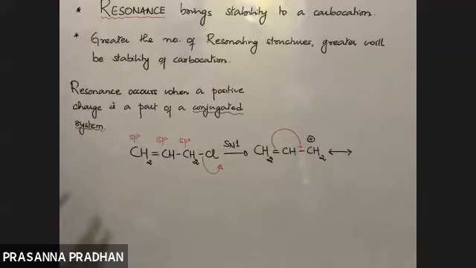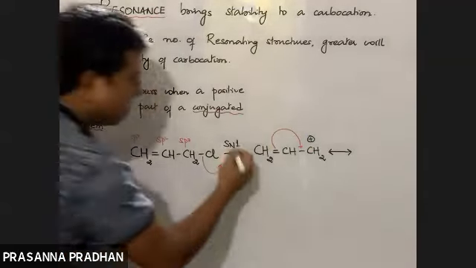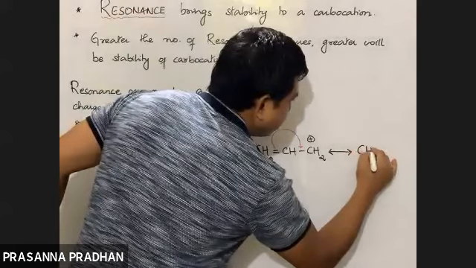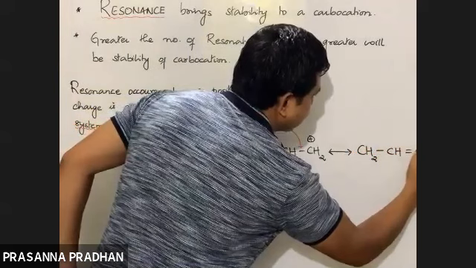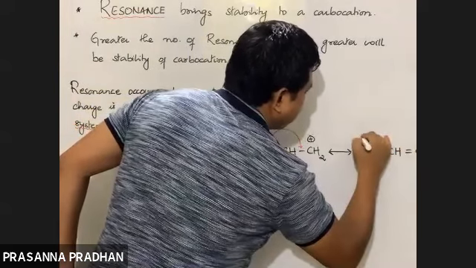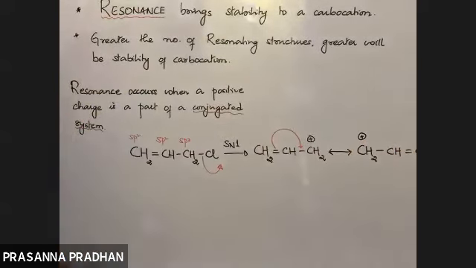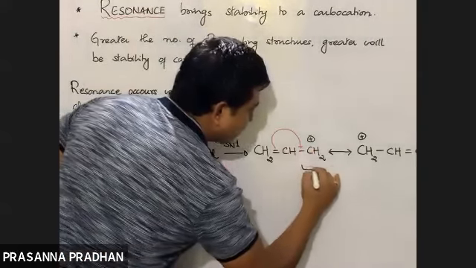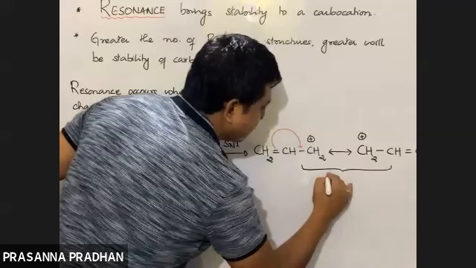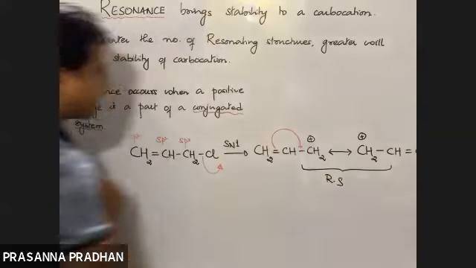This will be the movement of electrons. So we have CH2 double bond, single bond, CH double bond, CH2. So it is getting stabilized by resonance. So these two structures are known as resonating structures.